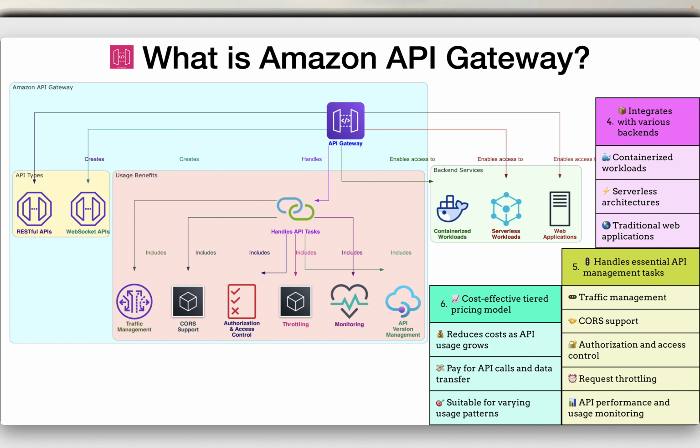API Gateway offers a tiered pricing model, which allows you to reduce cost as your API usage grows. You only pay for the API calls you receive and the amount of data transfer out, making it cost-effective for applications with varying usage patterns.